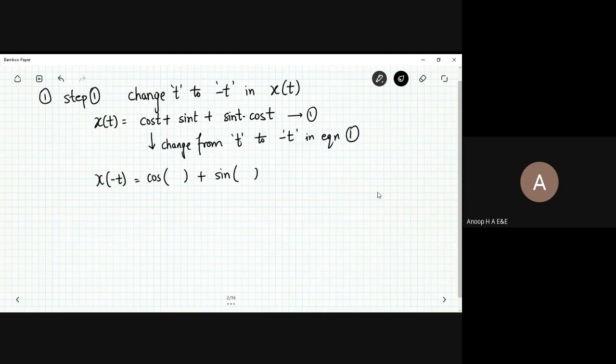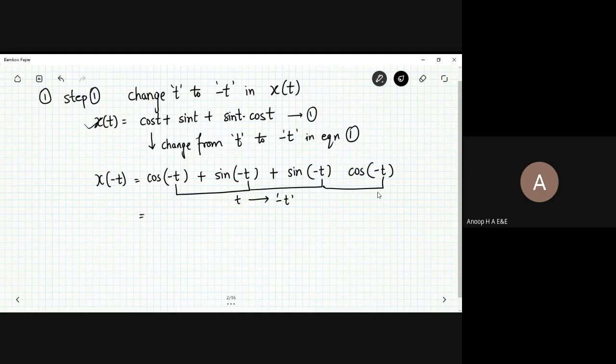Sine of minus t, cos of minus t, and so on. All these four replacements are done from t to minus t in the original x of t, as given in equation 1.